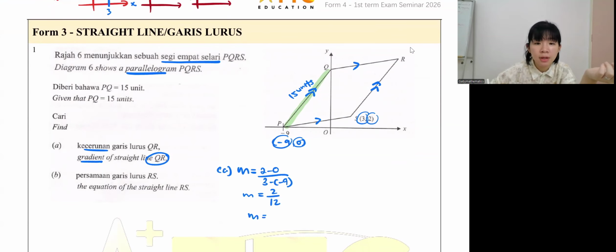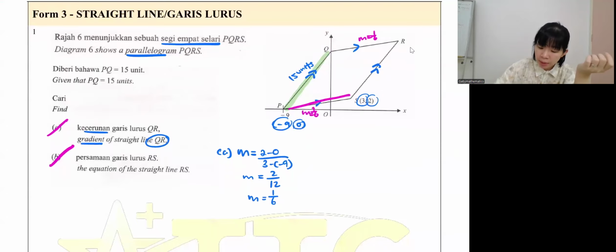And the m is 1 over 6. Okay, if this line has the gradient of 1 over 6, then same thing goes to this one, 1 over 6. So part A done. Now part B. Part B need to find equation persamaan. Which line? RS.